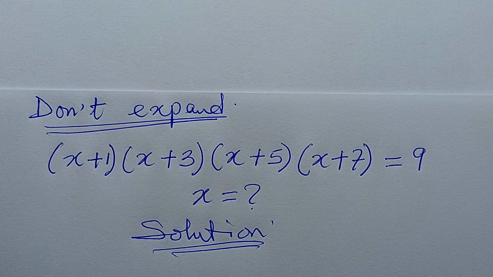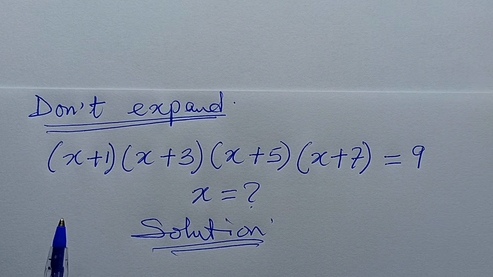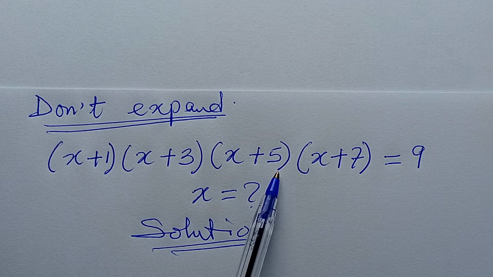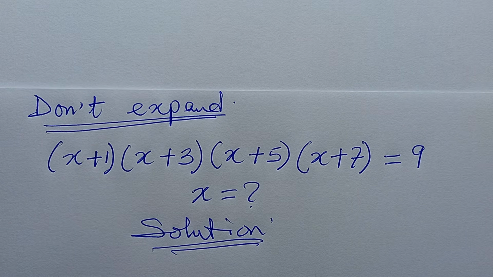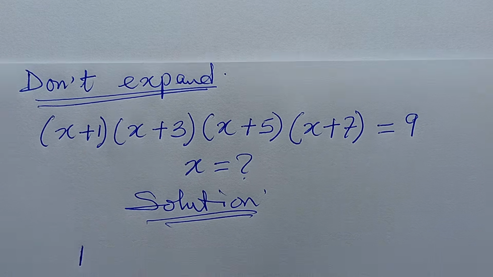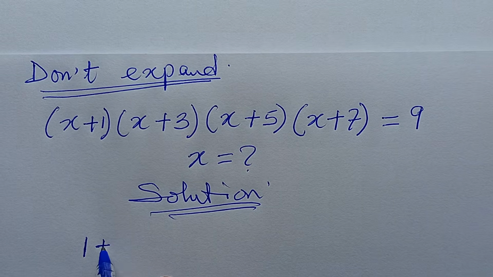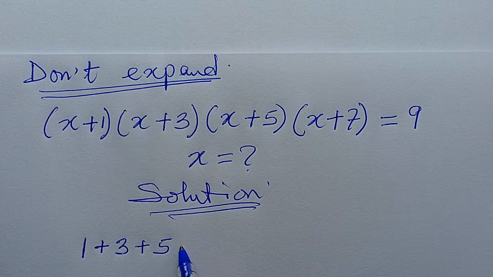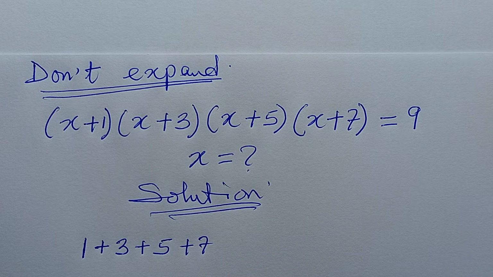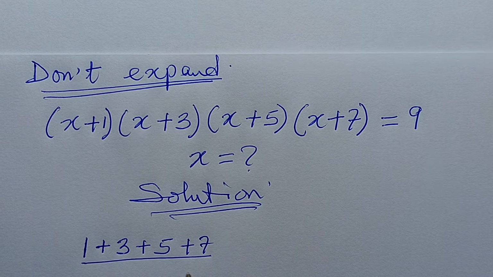All right. Now, the first thing we're going to do is to find the average of the terms we have as constants. So the average here, we have our 1, the next figure is 3, the next one is 5, and the next one is 7, right? Good. This is all over how many of them?